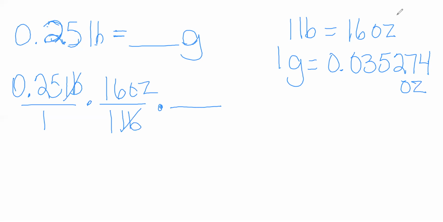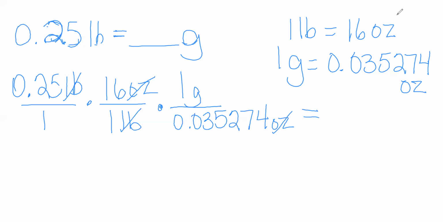Our next fraction. All right, now we're trying to get the grams. We don't need ounces, so we got to eliminate the ounces. So we're going to put the ounces on the bottom: 0.03527 ounces, cancel out ounces now, is equal to 1 gram. So just plug that into the calculator. 0.25 times 16, and of course times 1, is going to give you the answer for the top.